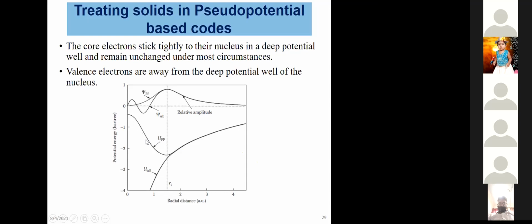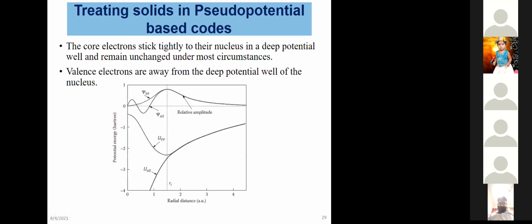And also the pseudo potential, if you see the external potential, how it is. Since this is the all electron potential, you can see it sharply increases, and if you see the external potential energy for our pseudo potential, it decays smoothly, and after a cutoff radius, this potential of the nucleus matches well with the all electron potential, and also the wave function after a cutoff radius matches well with the all electron wave function.